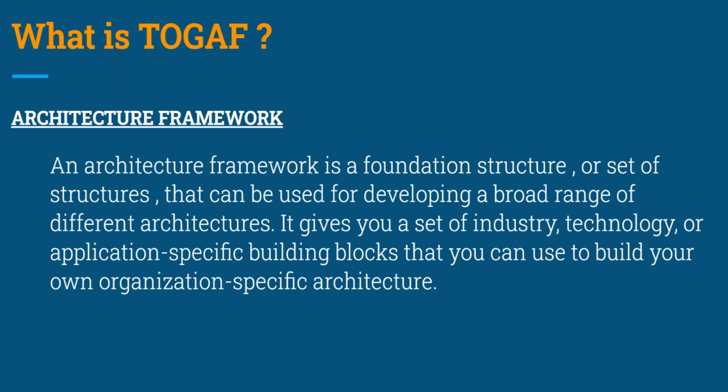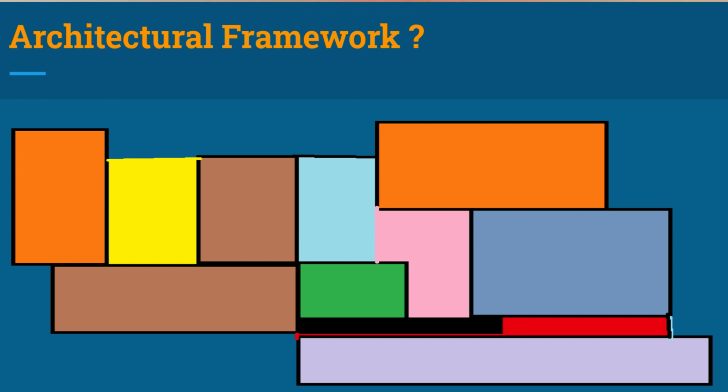An architecture framework is a foundation structure or set of structures that can be used for developing a broad range of different architectures. It gives you a set of industry, technology or application specific building blocks that you can use to build your own organization specific architecture. In our context, an architecture framework is a set of building blocks and a step-by-step guide for how to use them.